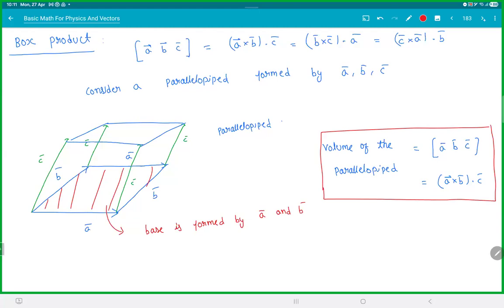But did everyone understand how we got a parallelepiped, the three-dimensional thing? No. Let me just draw it again. So we have A bar. So this is your C bar.